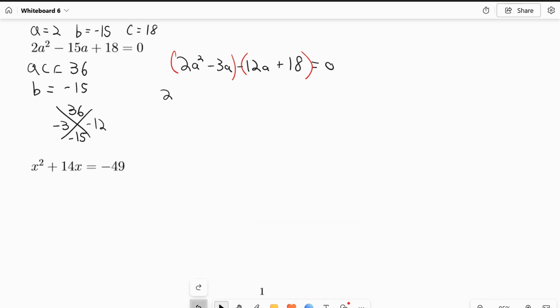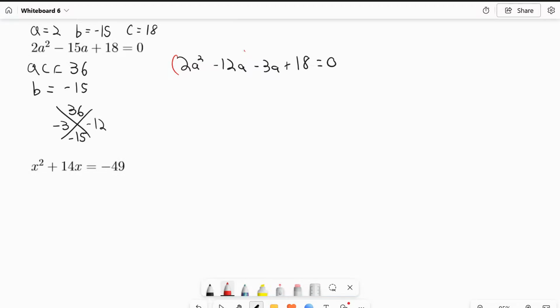Okay, I need to go back a little bit, and I need to reorder my negative 3a and my negative 12a so that I can factor out a greatest common factor. So instead, I'm going to go 2a squared minus 12a minus 3a plus 18. That way I maximize my greatest common factors.